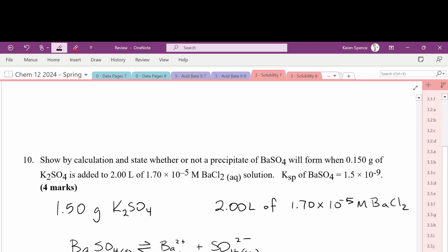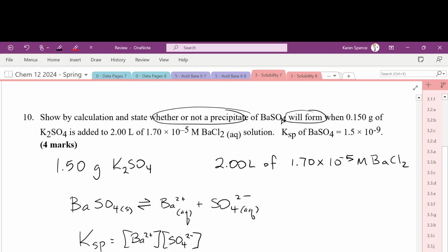And because I've been asked whether or not a precipitate will form, that means I actually want to do Q. Okay, so I'm going to just stick a trial in front of here because I forgot to make it a Q. All right. I know the concentration of barium. Concentration of barium is the same as the concentration of barium chloride, 1.70 times 10 to the minus 5.